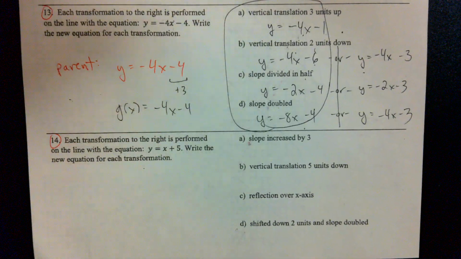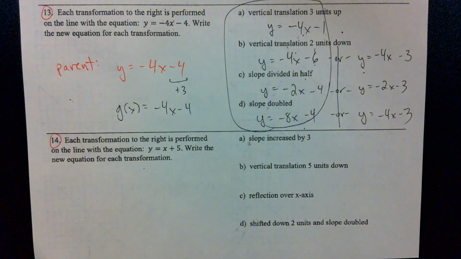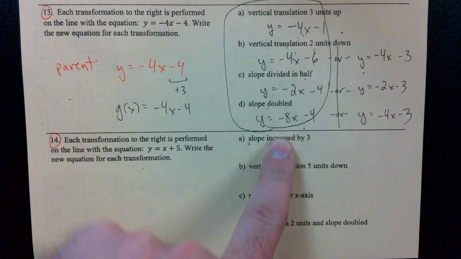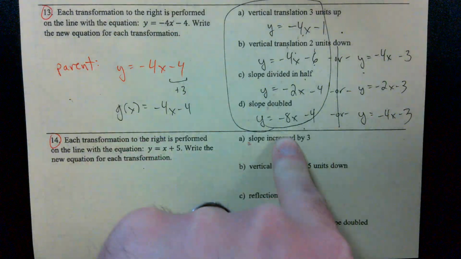Write the new equations for each equation. Any questions on 13? Anybody get all those right? Cool. Good. Abigail, Colby, Tristan, Raven, Christian, everyone else that has the thumb up.